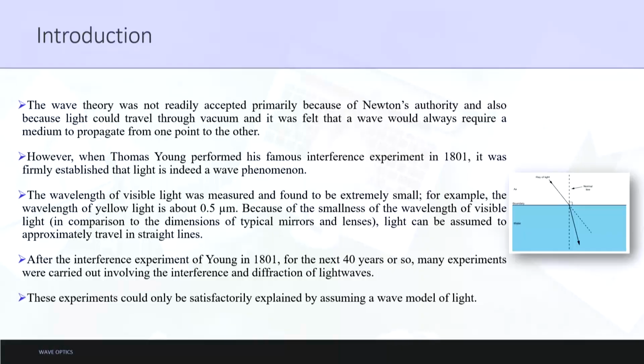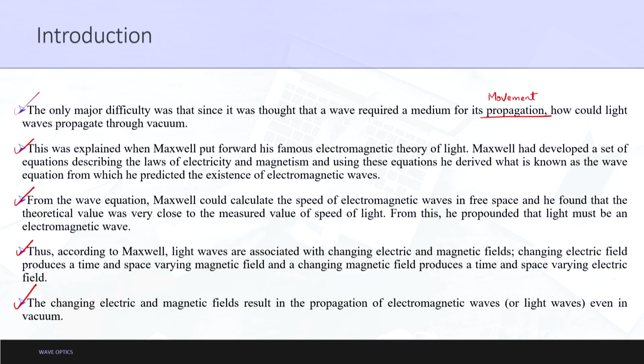But when further research was done by the prominent scientist Maxwell, he explained the complete concept using the electromagnetic theory of light. Using the wave equation, when he tried to find the velocity of light in vacuum, it came out almost the same as the actual measured value of the speed of light.